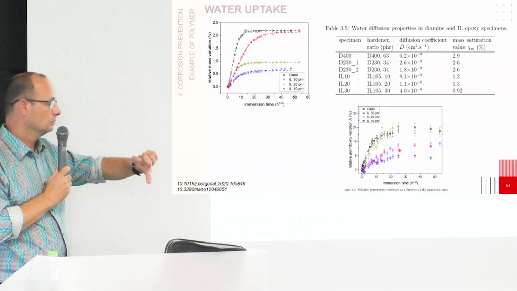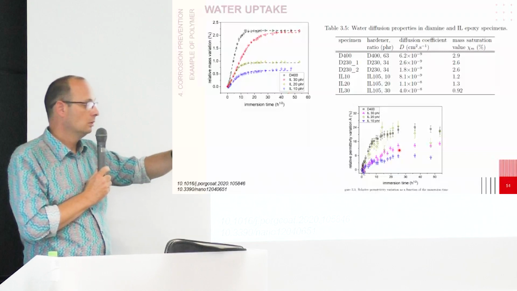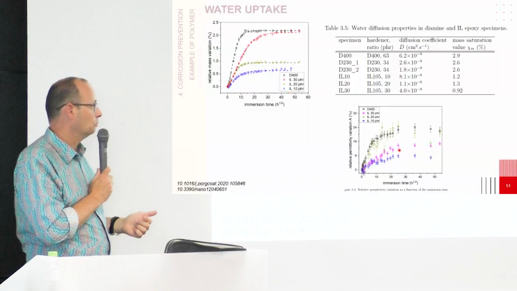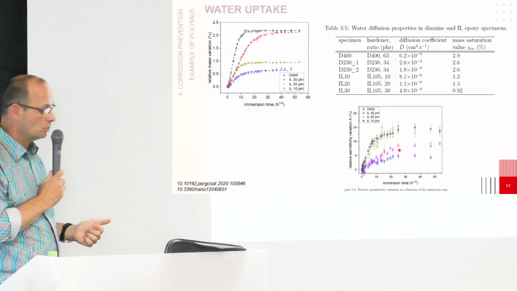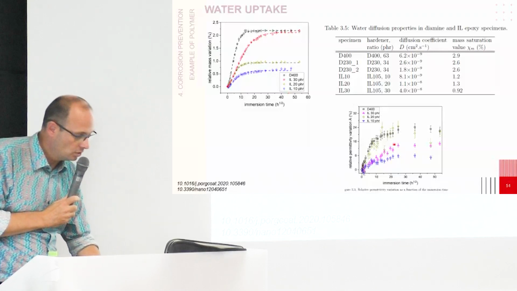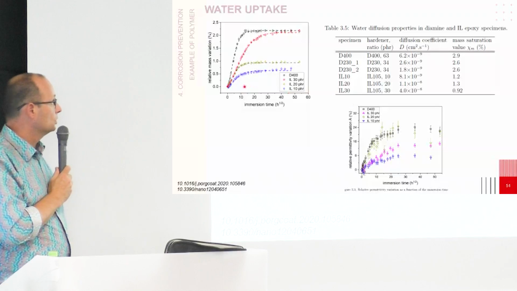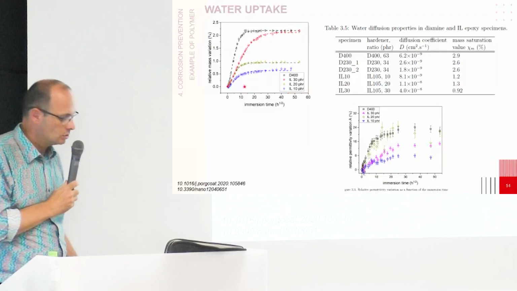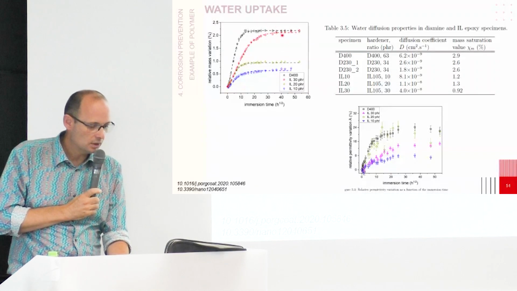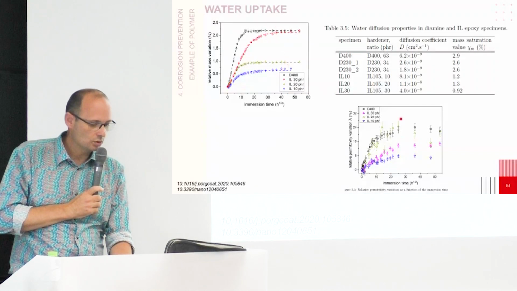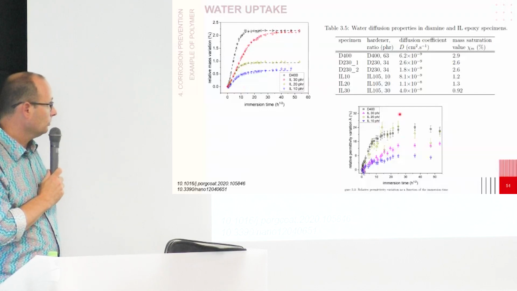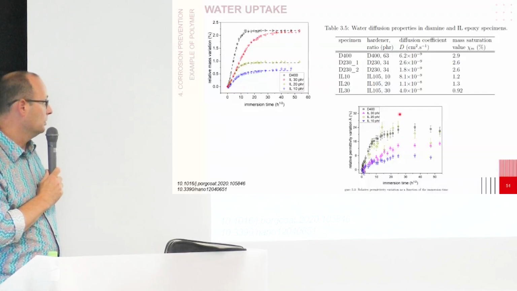So by changing the nature of the chemical elements used for the polymer, you will change what? First, you change the kinetics of diffusion of water inside the polymer. And also, if you look at the value at the end, you change also the saturation of the polymer by water.